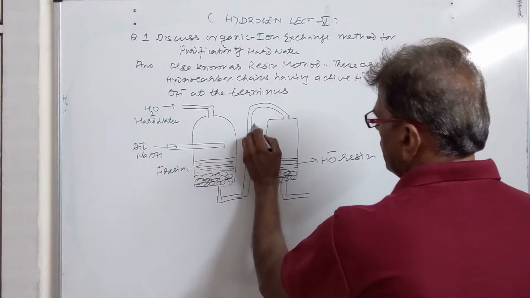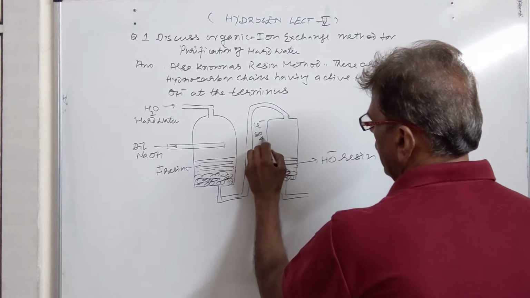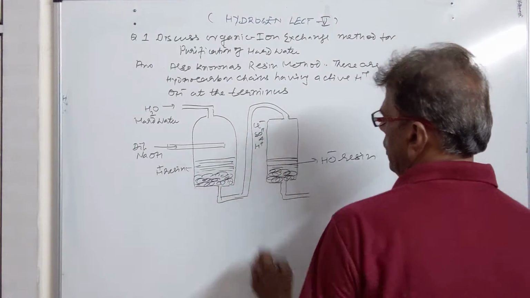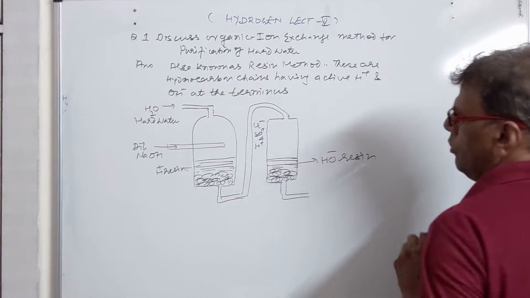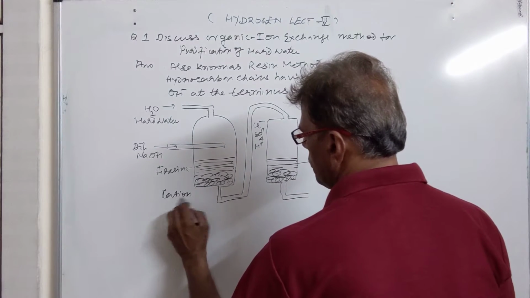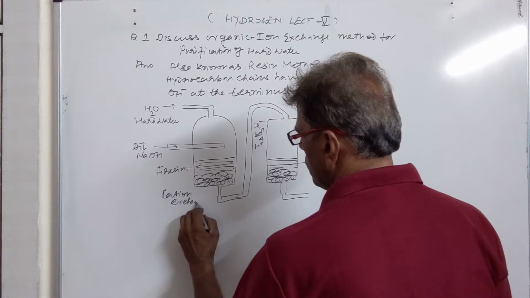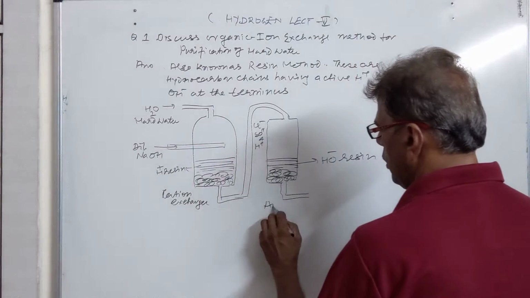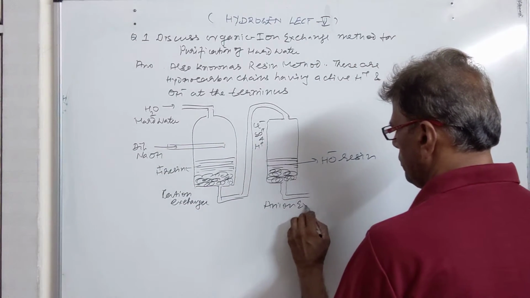Here chlorides and sulfates are removed. So this is called the cation exchanger. This is called the anion exchanger.